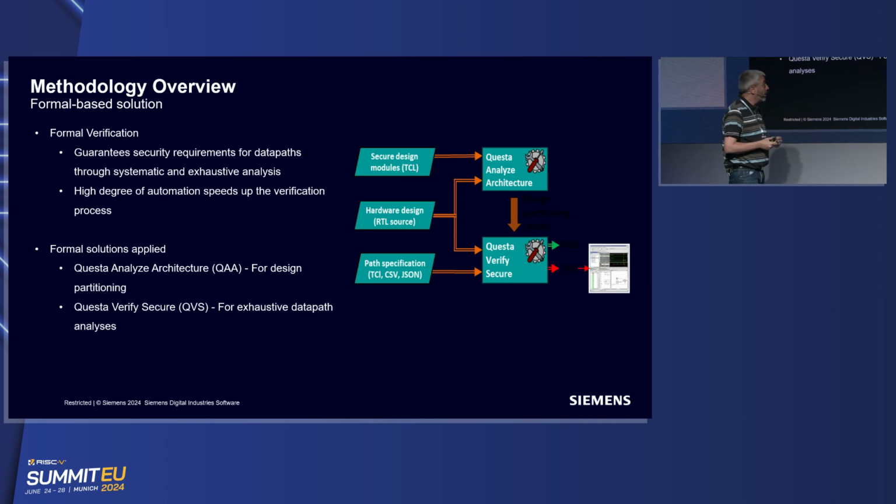Now, what is the methodology we are proposing here? It's essentially based on formal technology, so you can achieve these nice exhaustive proofs that certain things cannot happen. And we have coupled this with a decent level of automation, so you are not forced to do too many things on your own.